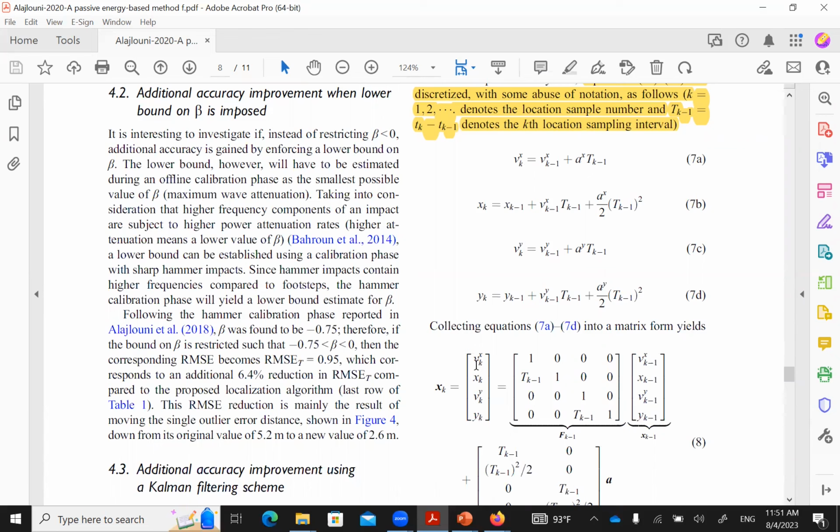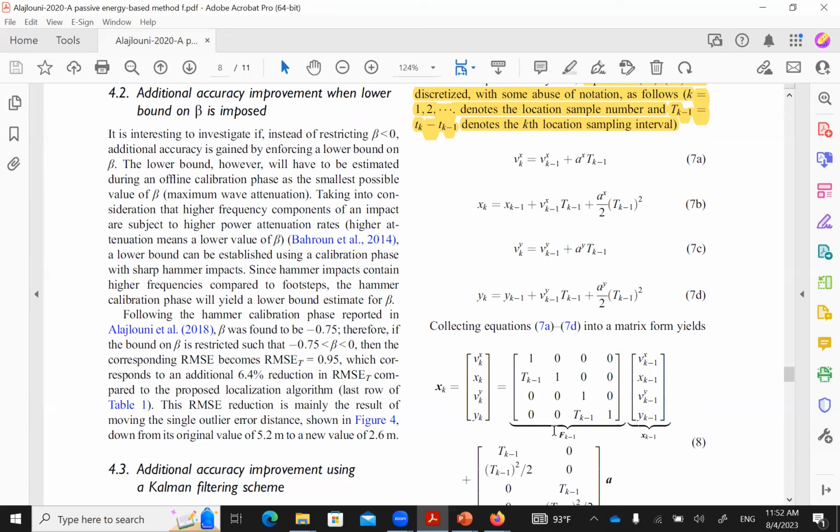It makes sense: if you have someone walking at a constant speed, then it makes sense for the state vector of the state model to include position and velocity. So we have velocity in x, position in x, velocity in y, position in y. And then we just rewrite these equations in matrix form.